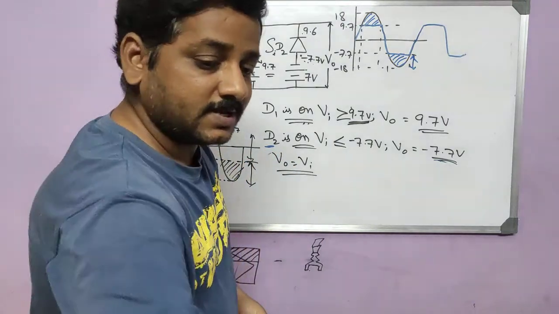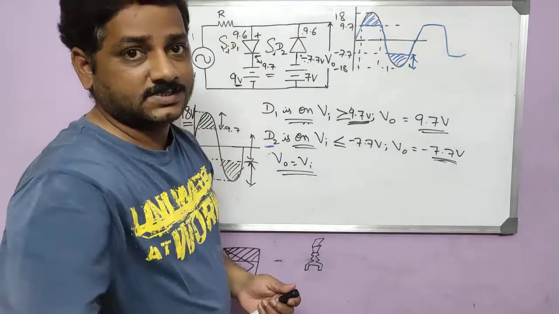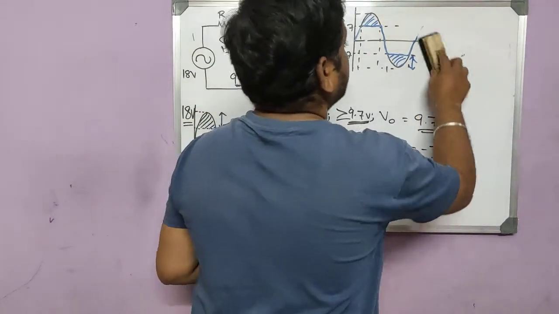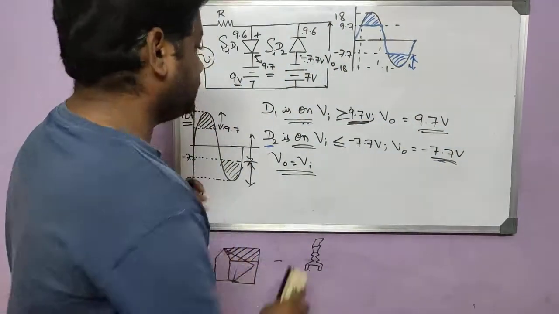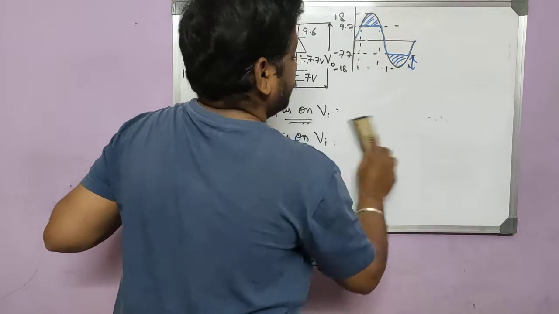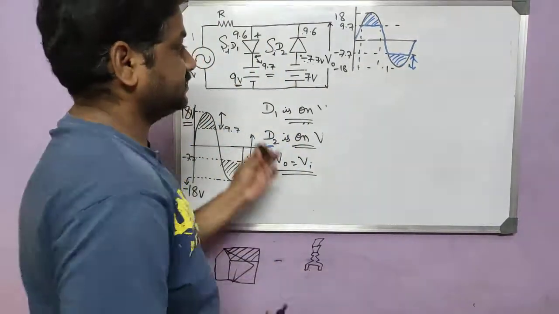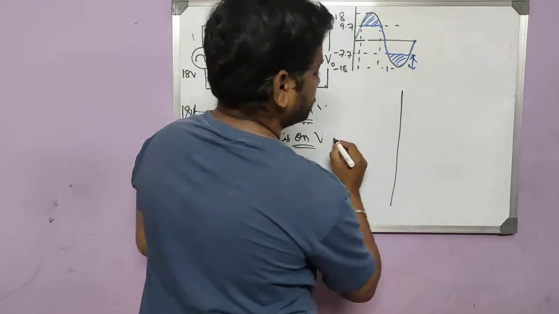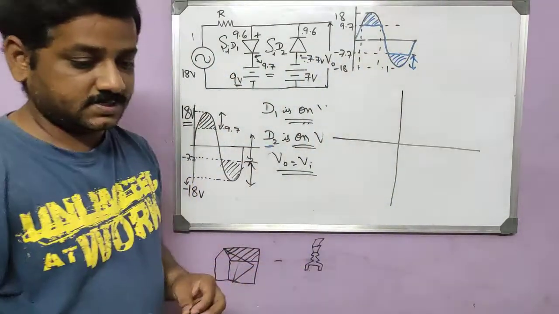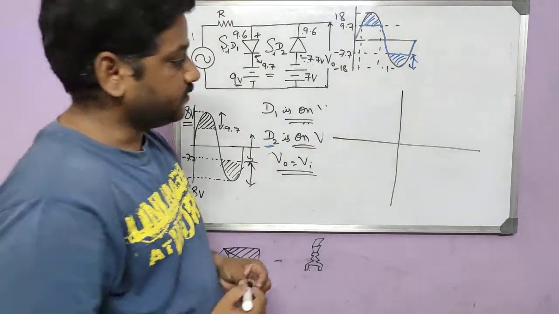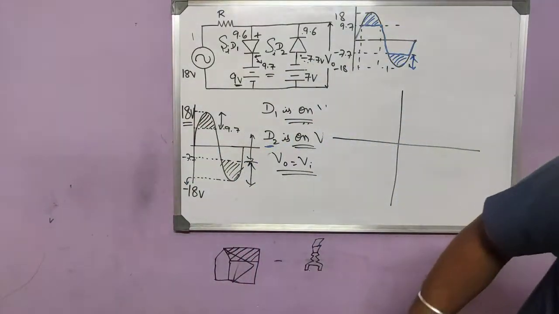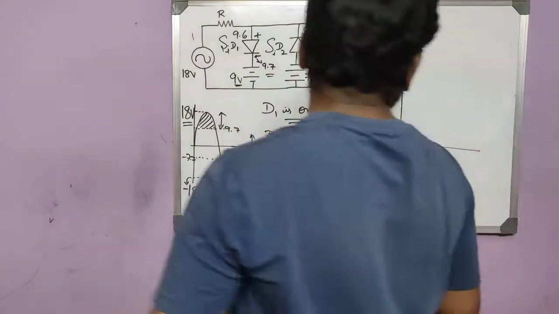Now let's see the transfer characteristics of this output. I'll explain how to draw the characteristics. We know that transfer characteristics are nothing but input voltage versus output voltage.